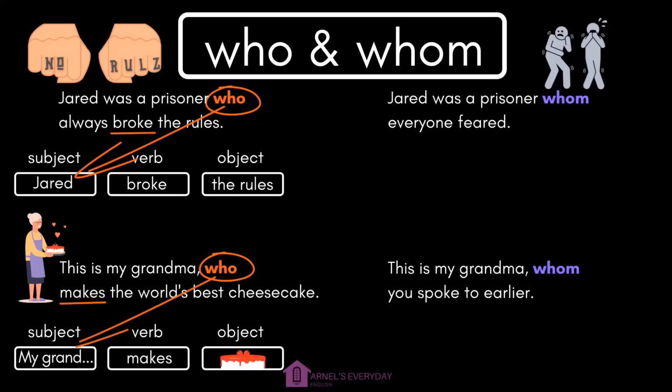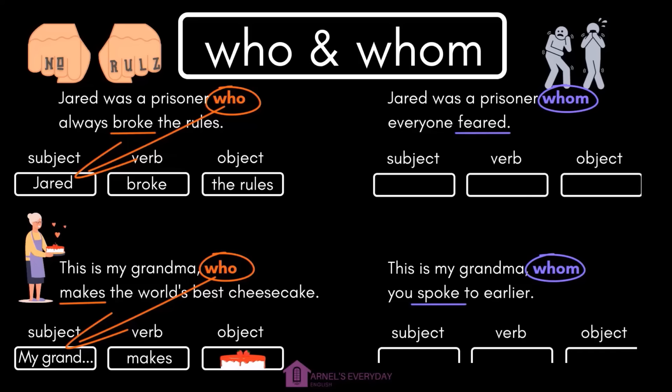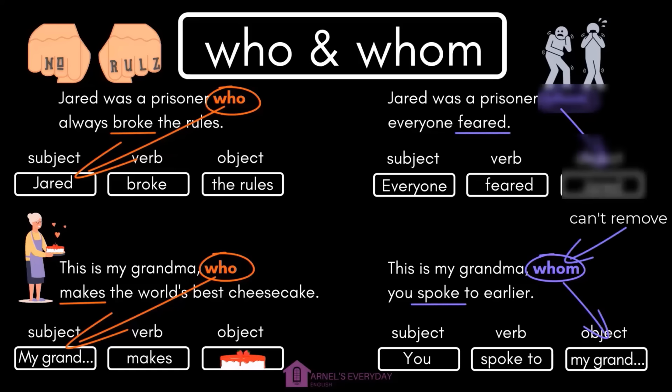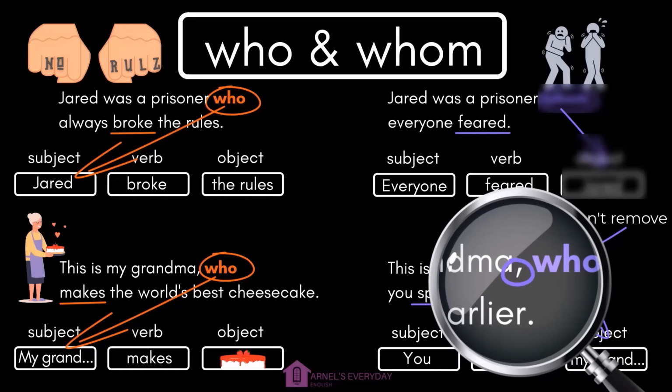My grandma makes the cakes. Whom is the object of the verbs feared and spoke. Everyone feared Jared. You spoke to my grandma earlier. We can remove the first whom, but we can't remove the second. Why? Because it's part of a non-defining relative clause. Keep an eye out for those commas.